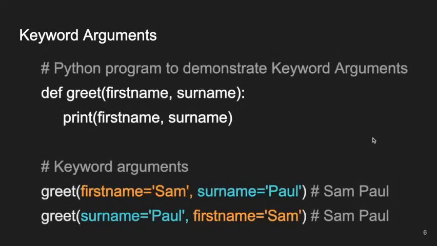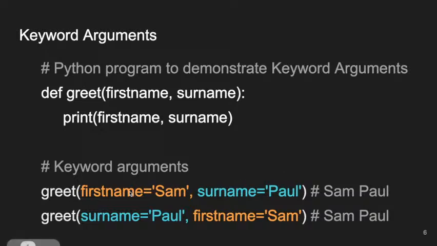Alright, so we have another type of function here. This time you see that we've defined the function like we are used to, okay? But when you are calling the function, you may choose to do it in such a manner. You see here first name equals, and then I pass the first name. Before, you would have seen that I'll just say greet, then I'll put in string Sam, comma, and then another string Paul.